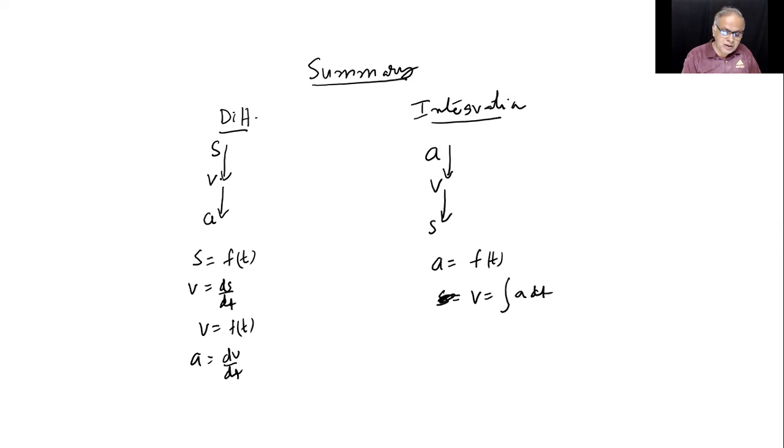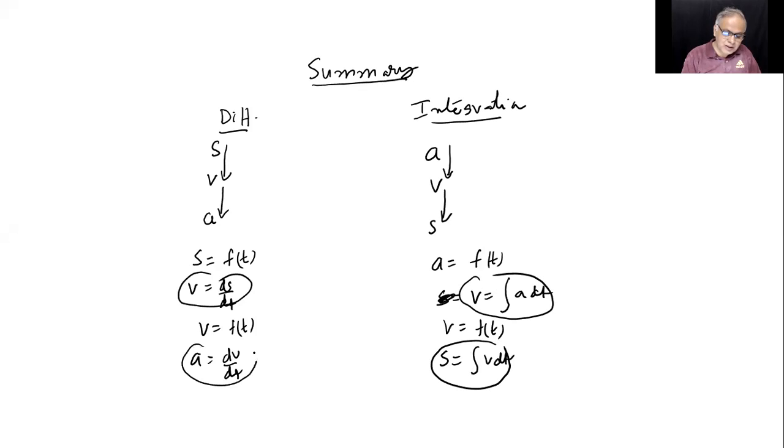Look at this. S to V is ds by dt. A to V is integral A dt. But I know V as a function of time, or I'll get it from there. Then S equals integral V dt. This one, and this one, and this one.